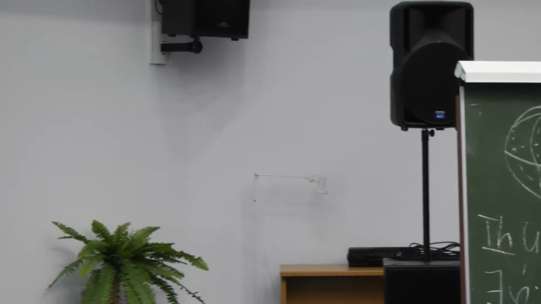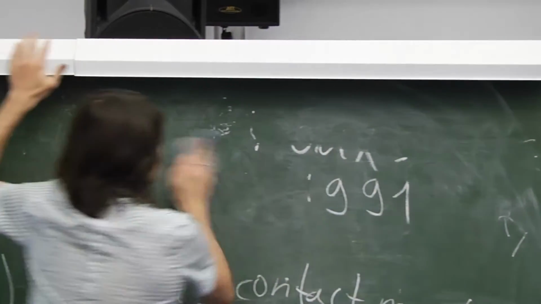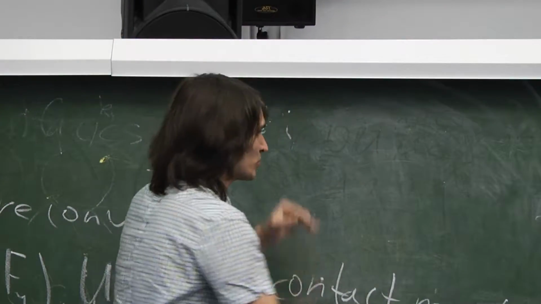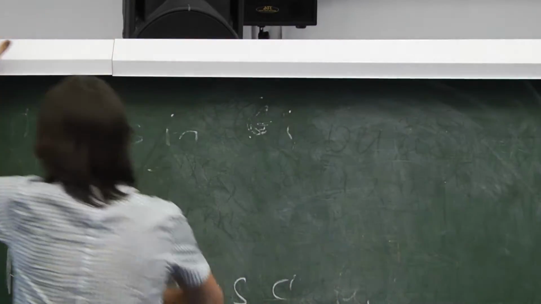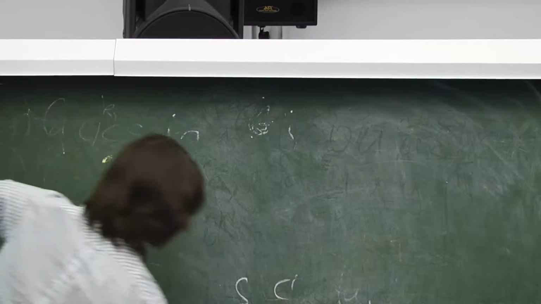So okay, now I will introduce rectangular diagrams for convex surfaces. This is some combinatorial way to think about geometric objects such as convex surfaces and surfaces in general.